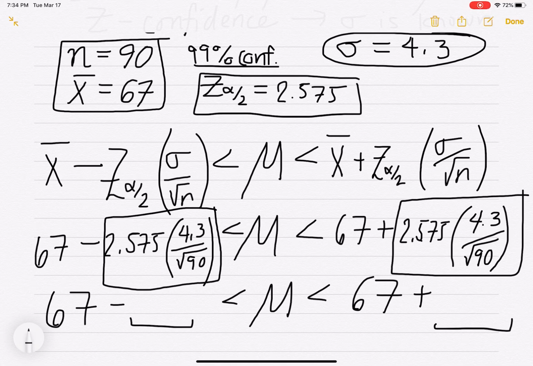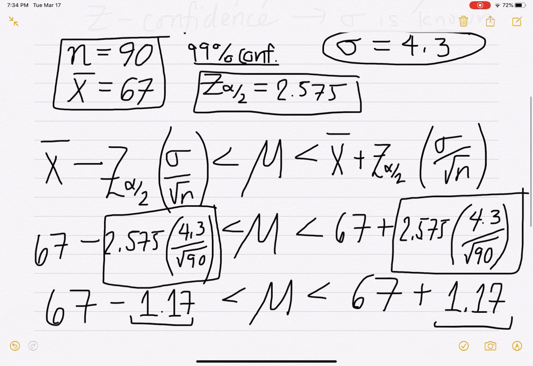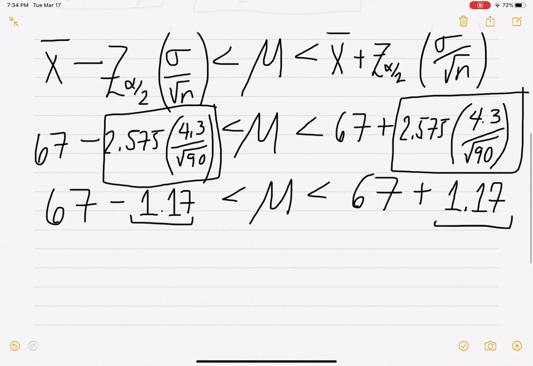So we're talking about 1.17. I'm taking it to two decimal places. So it's going to be on the other side as well, 1.17, right? That's the number in the box. When you take 2.575, multiply by 4.3, and divide by the square root of 90. So let's scroll down a little. So we actually have two things to calculate now. We have to take 67 plus 1.17 and 67 minus 1.17 and see what we get.